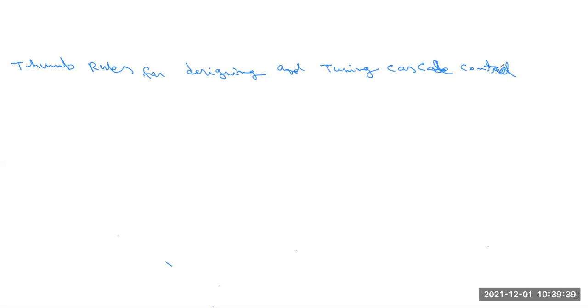Okay, so what are the basic thumb rules we apply in designing any cascade control system? First of all, we use the secondary loop alongside the primary loop. You have to use these loops properly from input to output, as well as for any disturbance that comes.